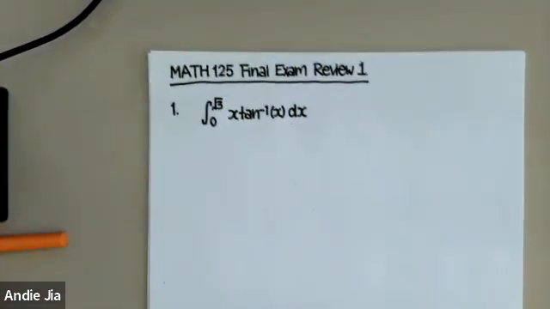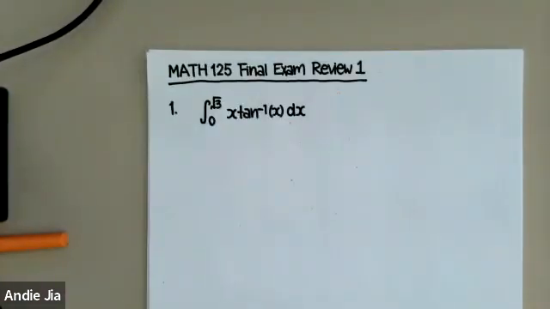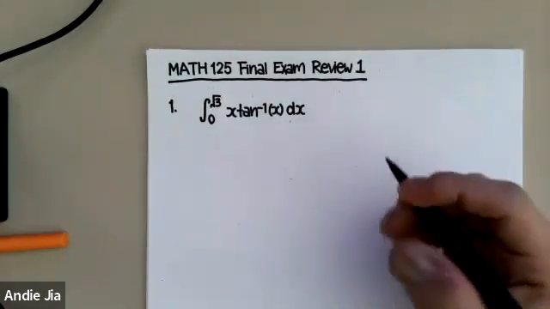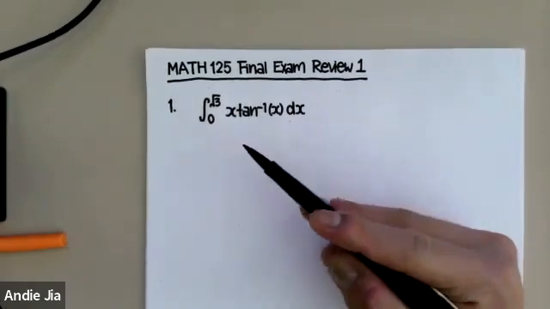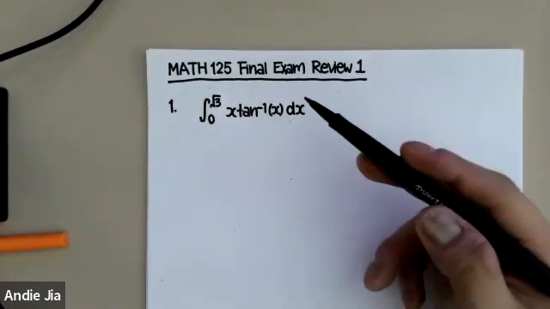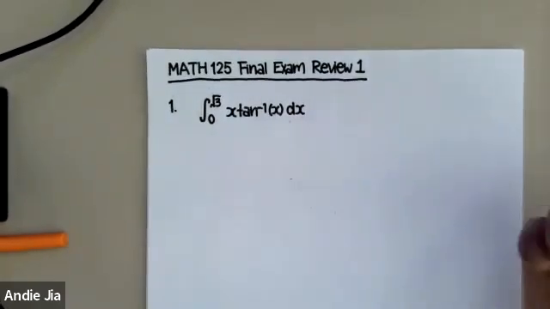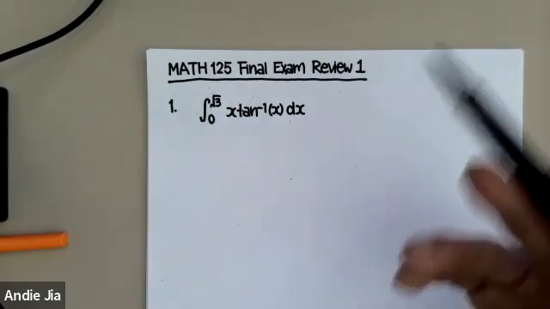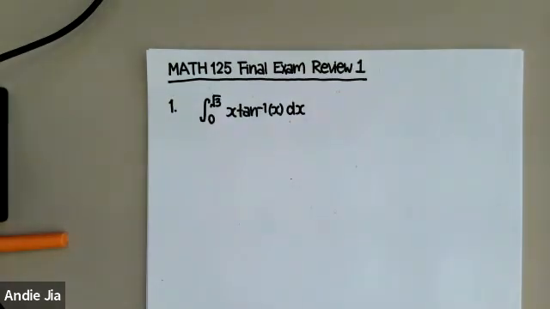Maybe pause the video to think about what technique you should use. Take a look at this integral. We have x times inverse tangent, so this is a product form. When everything's in product form, you could use u substitution, trig sub, trig integral, or integration by parts.